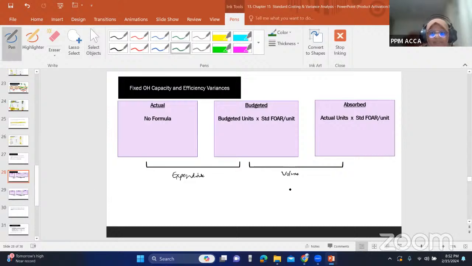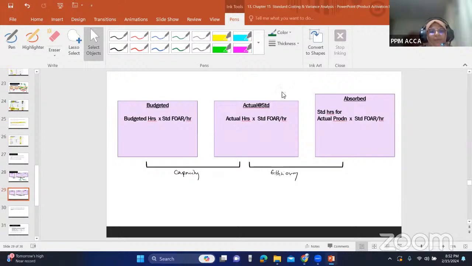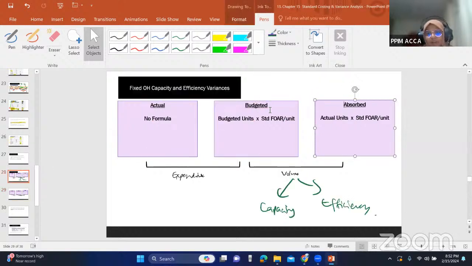Now, how do we split this volume into capacity and efficiency? Capacity and efficiency. Okay. So how we do that is we have again three boxes: budgeted, actual at standard, and absorbed. So this budgeted and absorbed is the same.